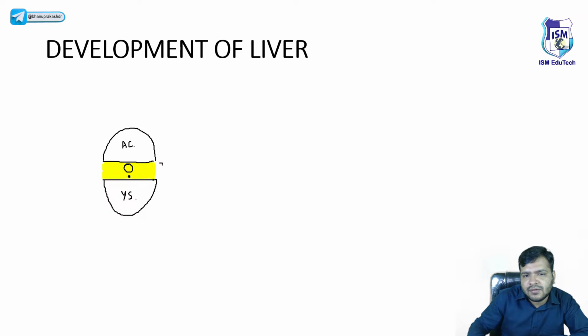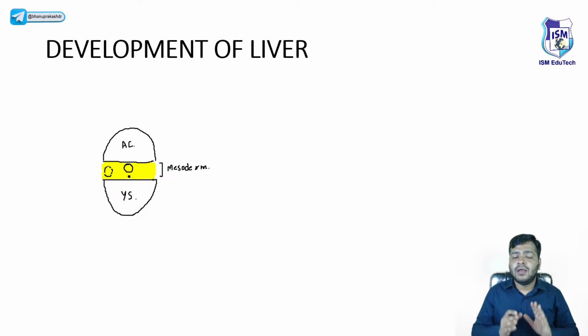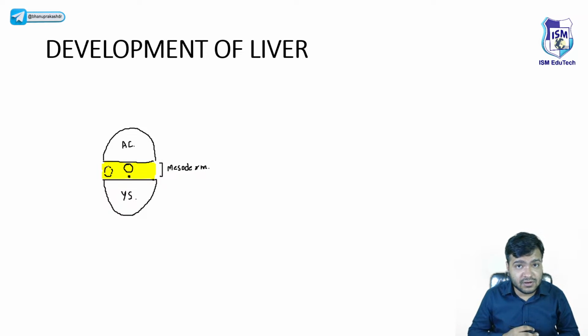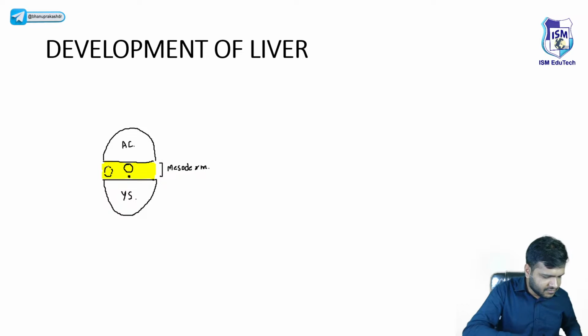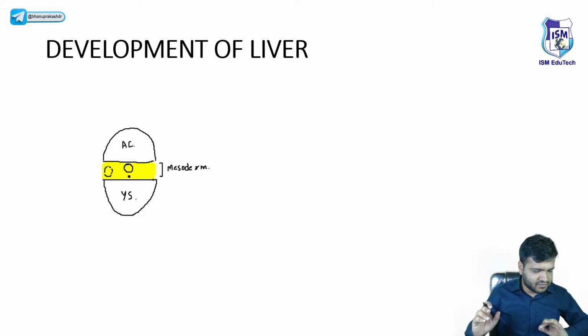So yes, this is the mesoderm, and the last part of the mesoderm. We have three types of mesoderm, guys: para-axial mesoderm, intermediate mesoderm, and the last one, it is the lateral plate mesoderm, guys.